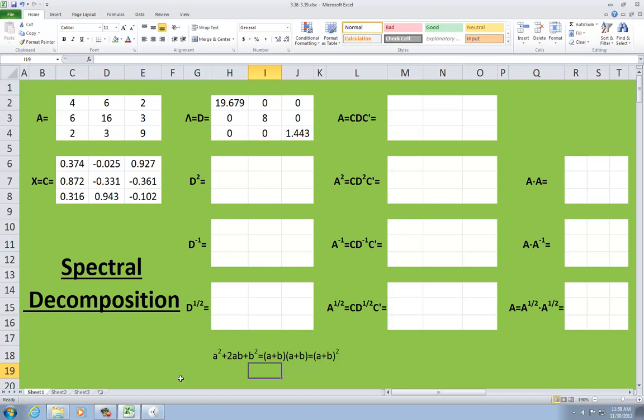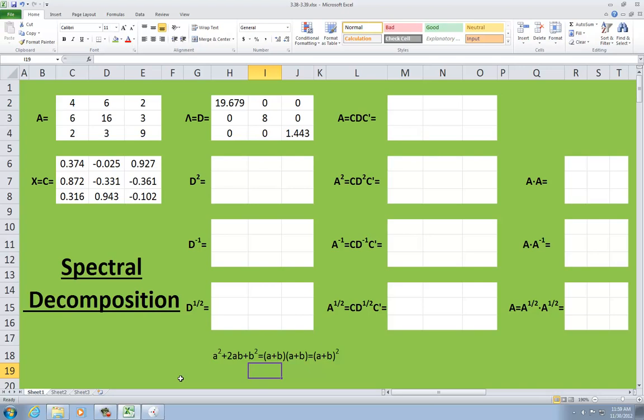Therefore, either the inverse or the square root of matrix A can be obtained by the process of obtaining the eigenvectors and eigenvalues of the matrix. So, obtaining the eigenvectors and eigenvalues of the matrix, like we did in the previous video, is very crucial.